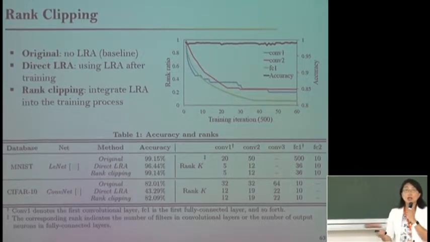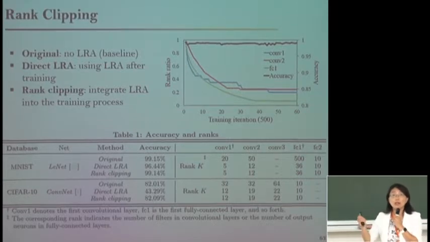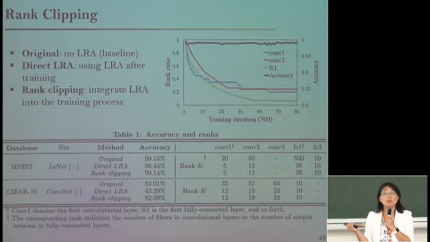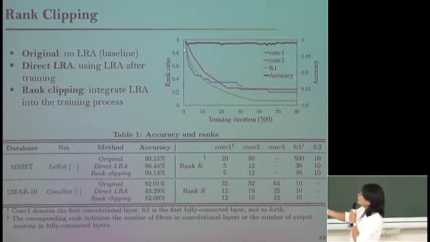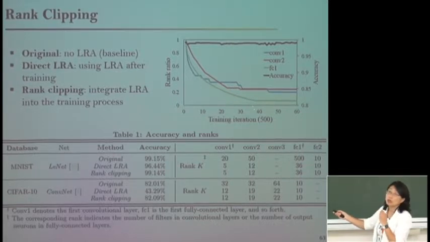If you work with neural networks, you probably know that fully connected layers have a large number of connections, but usually the majority of the weights are not very significant. That's why you can see that the rank drop is very quick for fully connected layers, and eventually it gets saturated. The rank ratios can be really, really low.